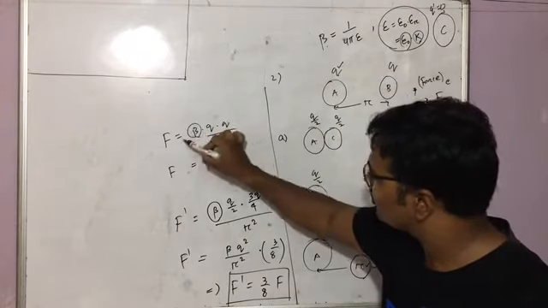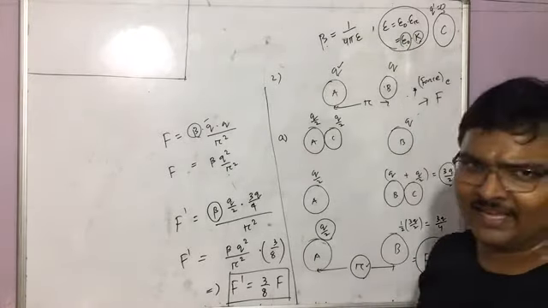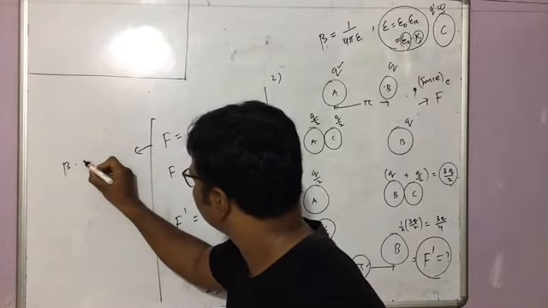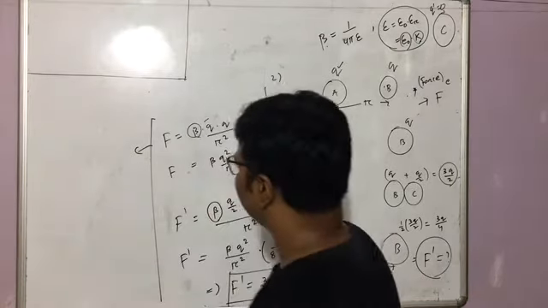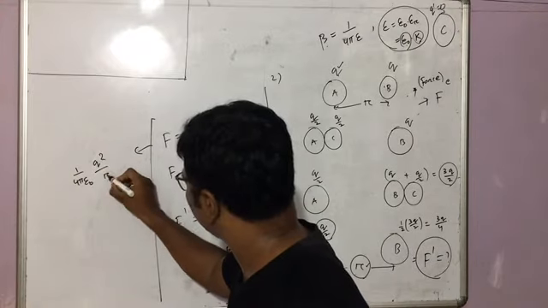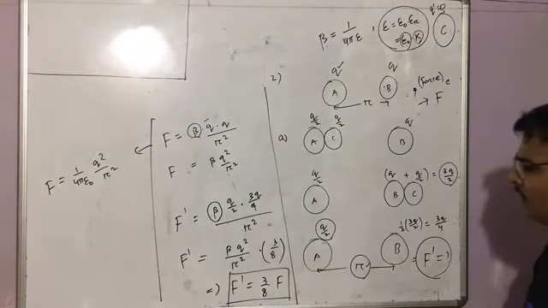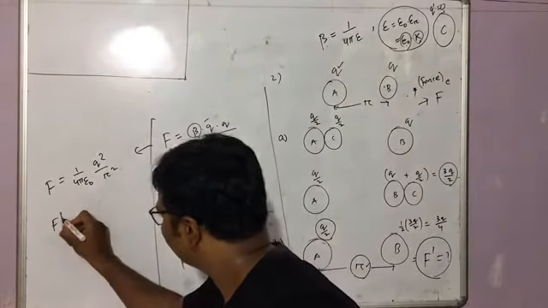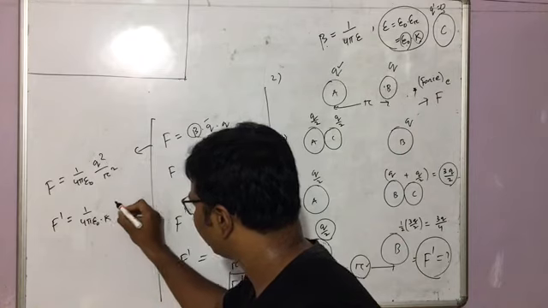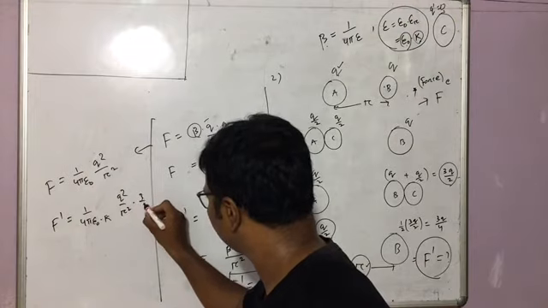In the first case, you can simply take epsilon naught. In the same case, this equation will be, instead of beta, 1 by 4 pi epsilon naught Q square by R square, which is your F. And if we place them in a medium, in that case F dash will be 1 by 4 pi epsilon naught into k, Q square by R square into 3 by 8.